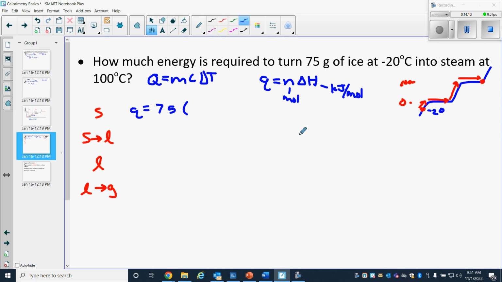C, specific heat for solid, will be given to you. For ice, it is 2.05 joules per gram degree Celsius. And then our temperature change, like we said, it is going to go up to 0 from -20.